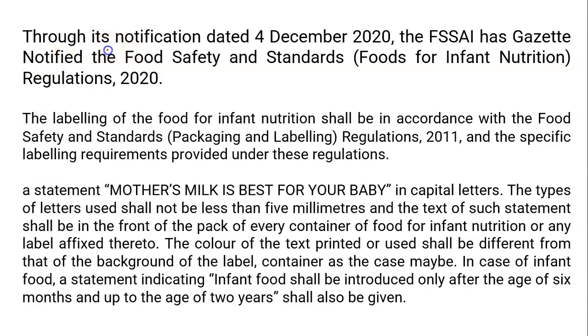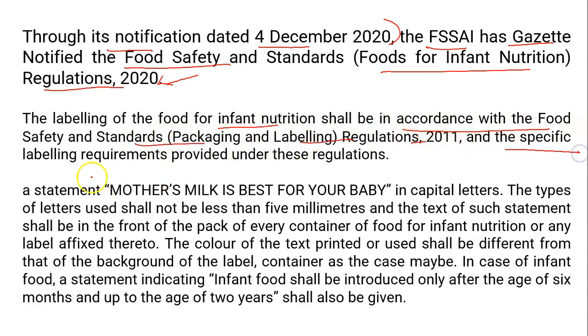Through its notification dated 4 December 2020, this authority has gazetted the Food Safety and Standards (Food for Infant Nutrition) Regulation 2020. Under this, the labeling of food for infant nutrition shall be in accordance with the Food Safety and Standards (Packaging and Labeling) Regulation 2011 and the specific labeling requirements provided under these regulations.